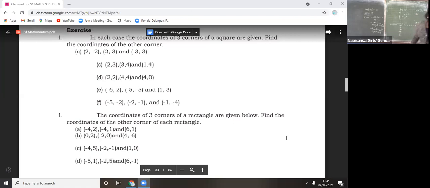What are the corner points given for part D? Part D is 6, 2, 4, 0. So now we are looking for the coordinates of the missing point. For part D, 6, 2. Do you agree?